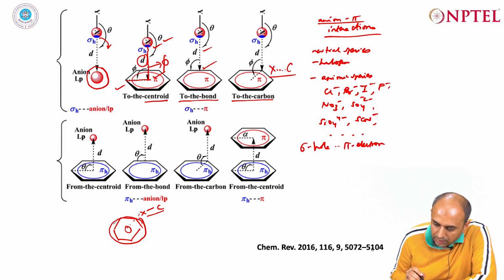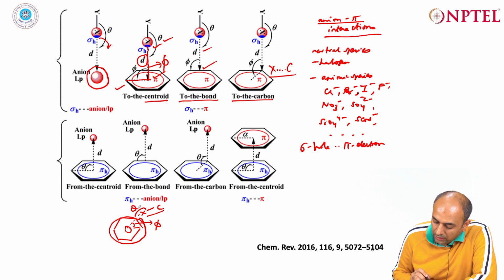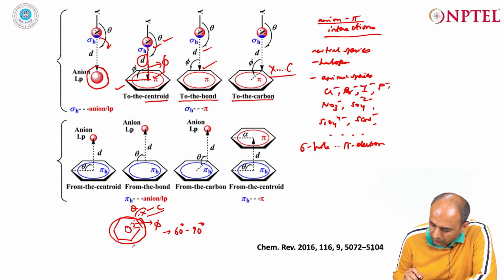In that case, the value of phi will be much less than 90 degrees, and the directionality is defined by theta. So you can also have other possibilities where your phi can change from 60 to 90 degrees.